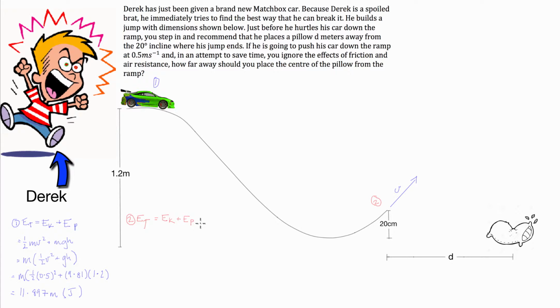We can take this into factorized form first, instead of writing this one out again, to make it a lot more simple. So this is equal to m outside of 1/2 v squared plus gh.